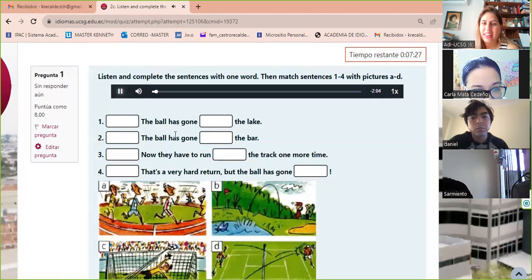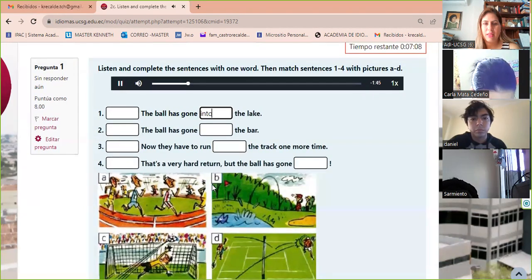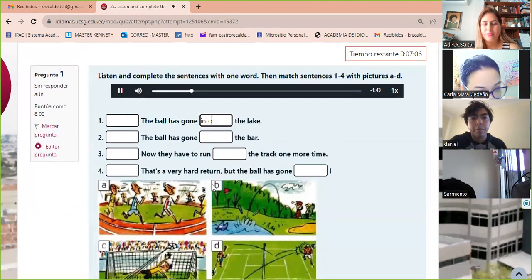1. Oh, that's a really long one. Oh boy, the ball has gone into the lake. And that might be the end of his hopes of winning the US Open this year. 2.